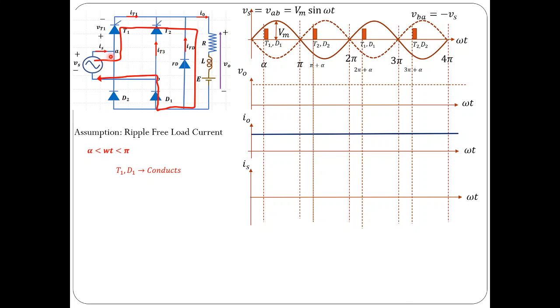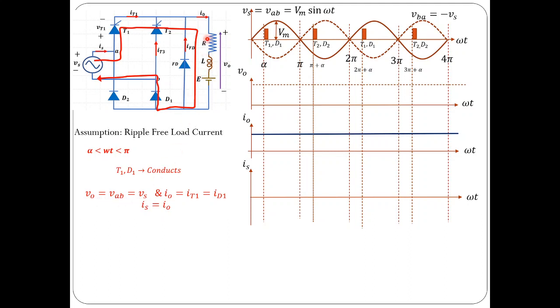This is the path. While conducting, we assume that the voltage drop across the thyristor and diode is ideally 0. By making that assumption, the voltage across the load is the same as VAB, which is the same as Vs. So apply KVL for this conducting loop. You will get V naught is equal to VAB, that is equal to Vs.